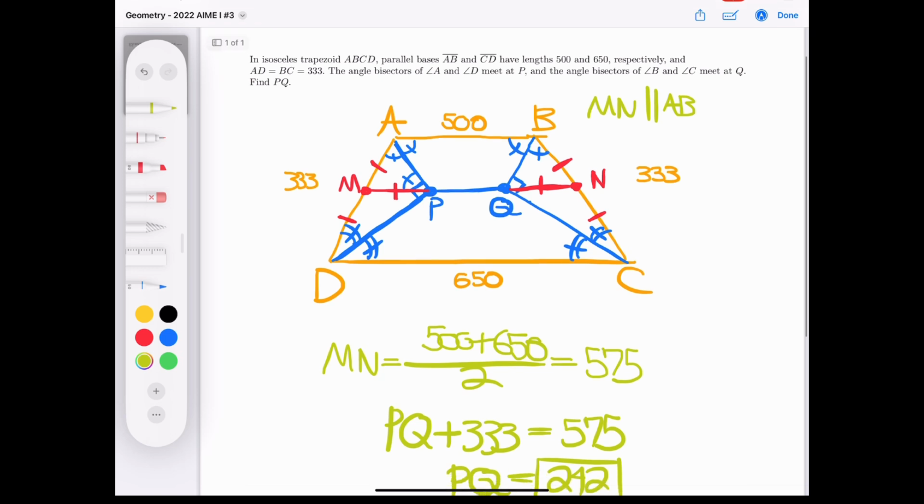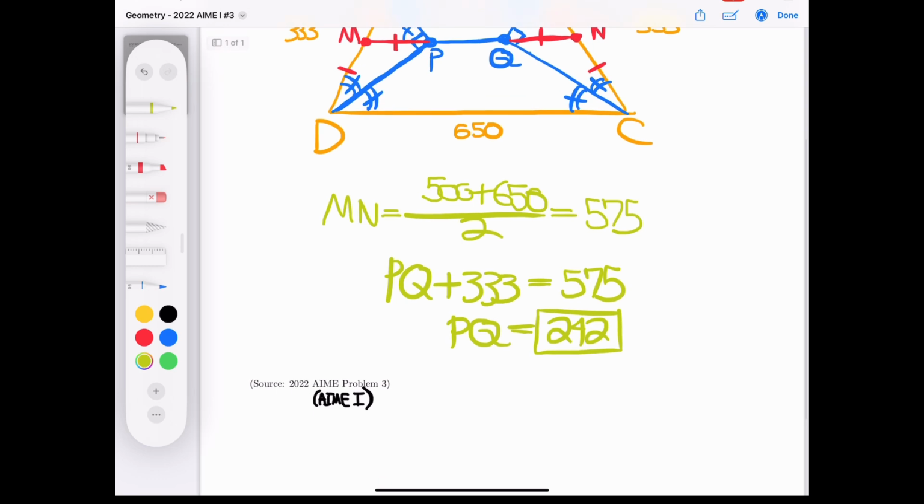And I'd just like to talk a minute about where this problem came from. This problem came from an exam called the American Invitational Mathematics Exam, or shorthand, the AIME. The AIME is the second round of examinations in the U.S. process in determining which six people will represent the U.S. at the International Math Olympiad.